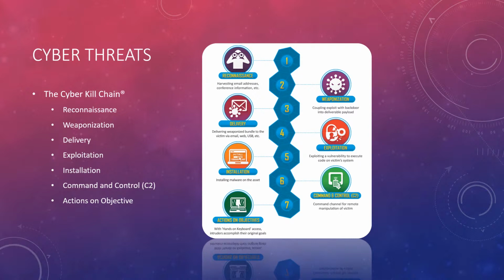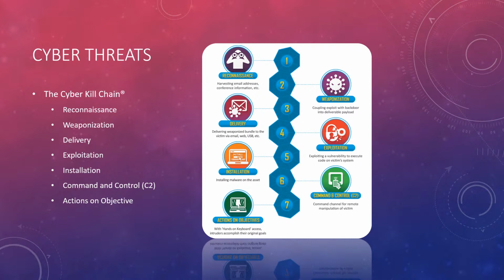The next phase is when they couple malware and exploit into a deliverable payload, typically using automated tools. So they're combining malicious software and a known vulnerability to get into our system.